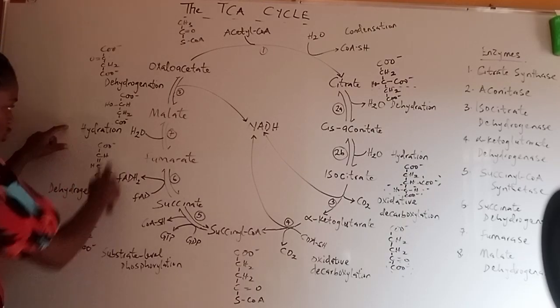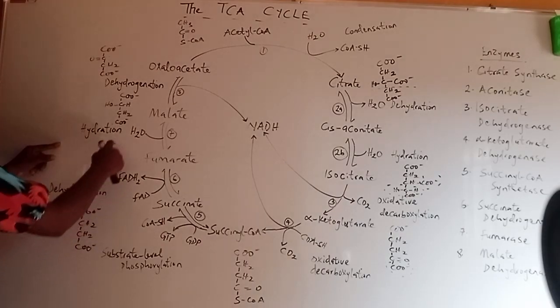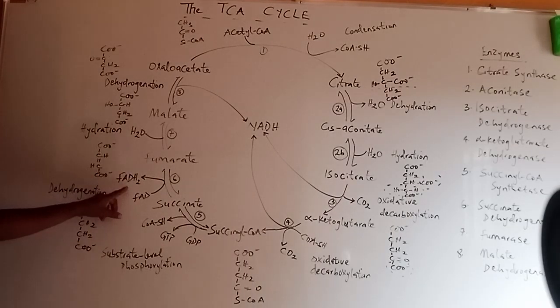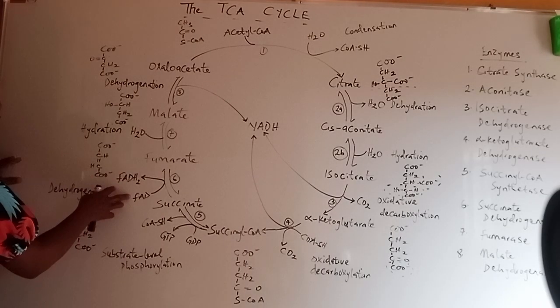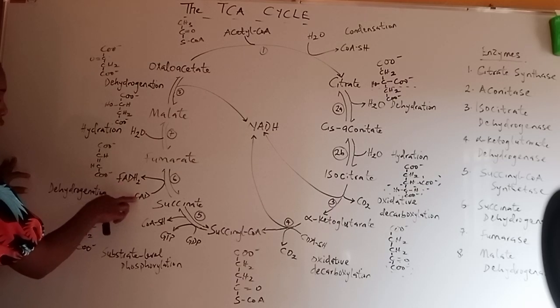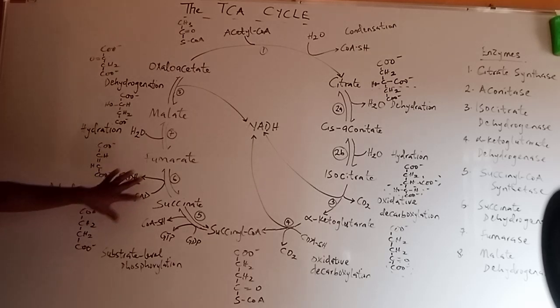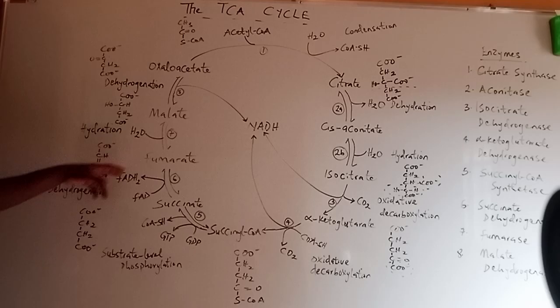If you compare these 2 structures, you will see that hydrogen is removed from here and from here to give us this structure. And then the coenzyme involved in this reaction is FAD. So FAD comes in and is reduced to FADH2, and that reaction is catalyzed by succinate dehydrogenase.